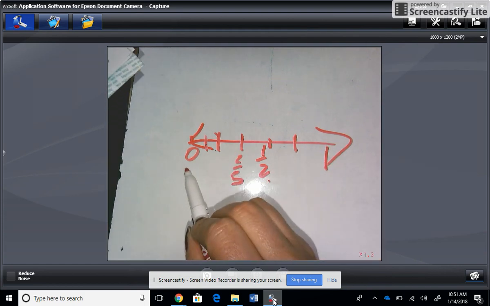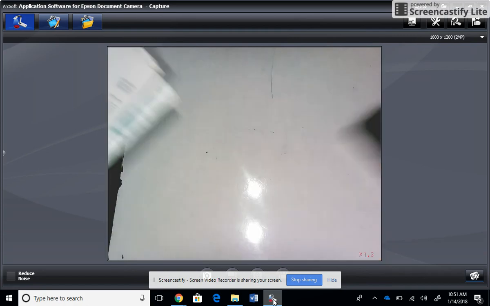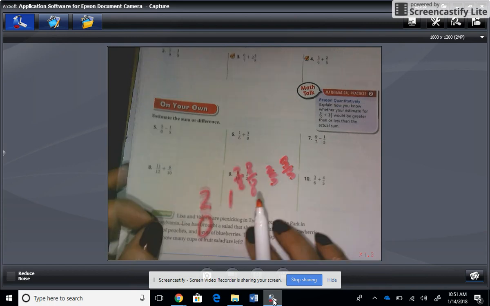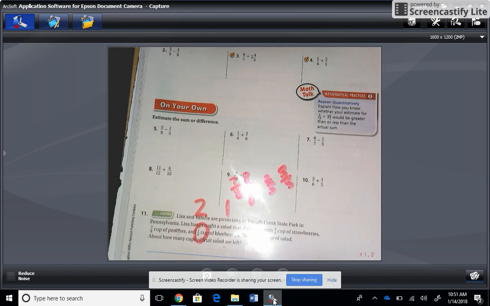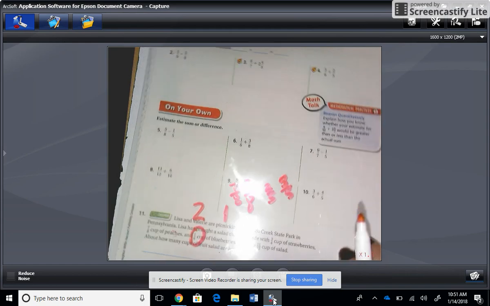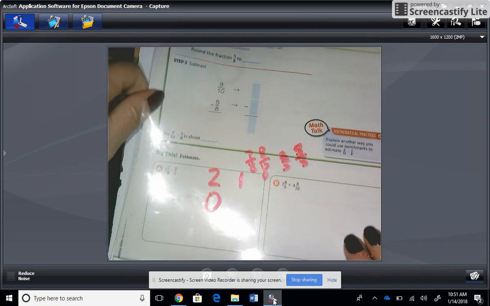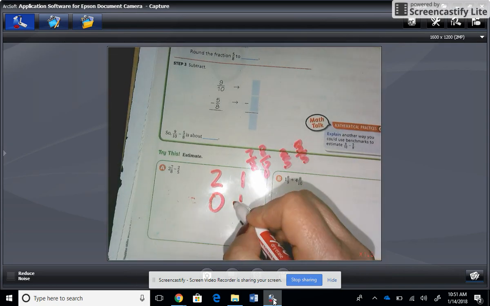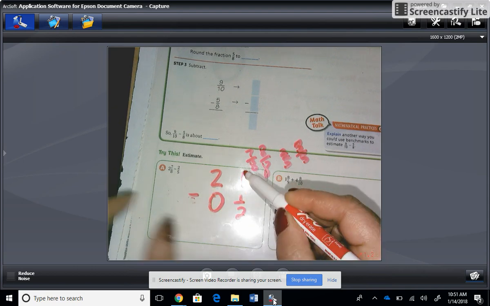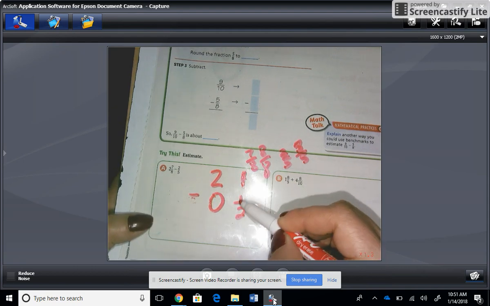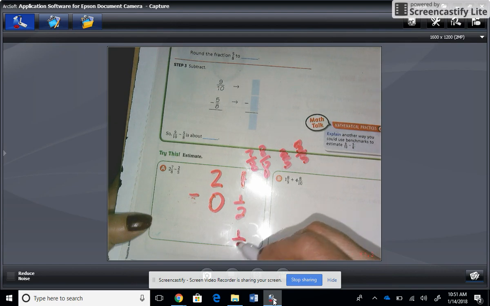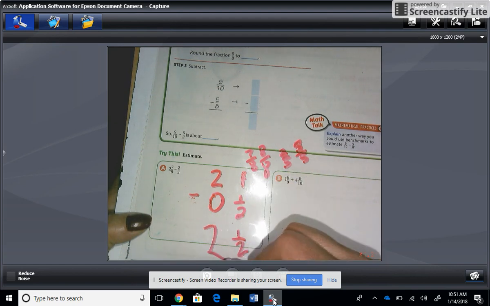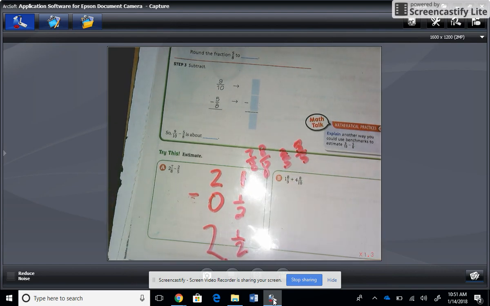Well, I would say that's probably closer to a half than it is to 0. So I'm going to subtract it from a half. That's just my thought, from when I did a number line. So 1 whole subtracted by a half equals a half. And I have 2 wholes, so 2.5 is my estimate.